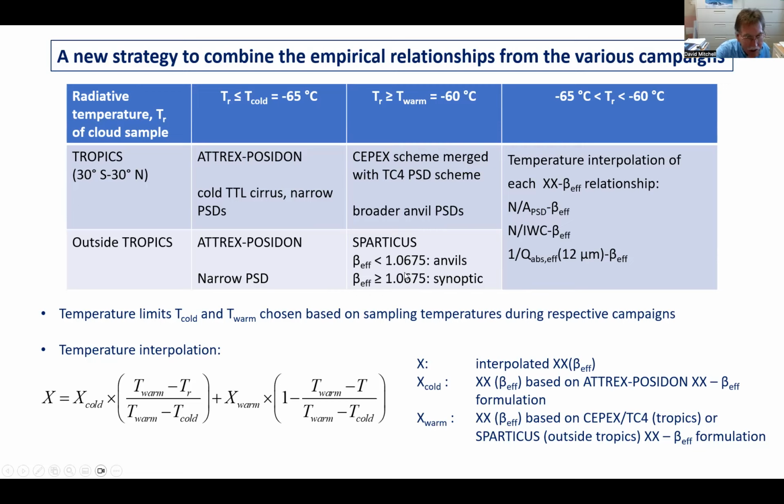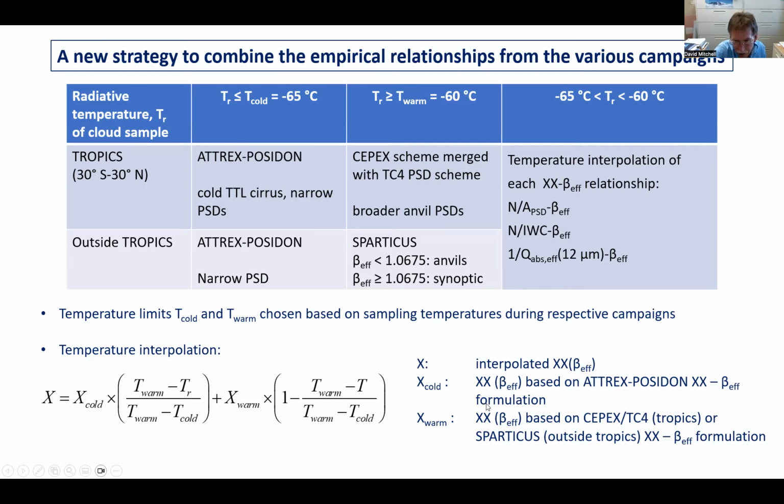So outside the tropics, we use SPARTACUS, and if it's colder than minus 60, then we do an interpolation, but there's not too much data outside the tropics that is colder than that in terms of the number of pixels sampled. So this is our basic temperature interpolation here, where X could be any interpolated quantity, any of these relationships like N over area and N over ice water content.